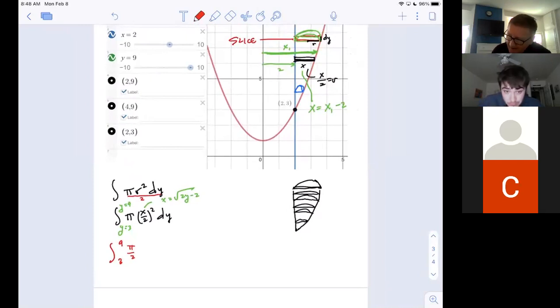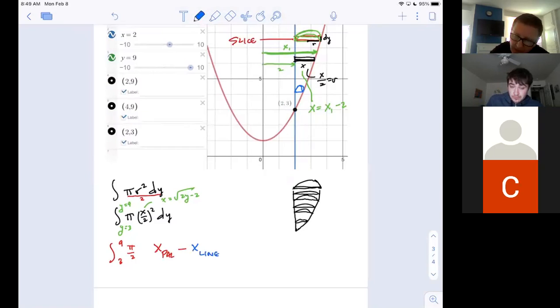So I've really got the x value of the parabola, minus, I'll switch colors, the x value of the line.